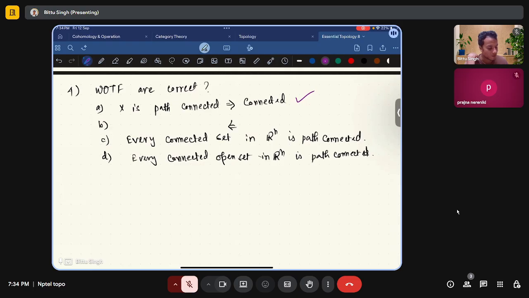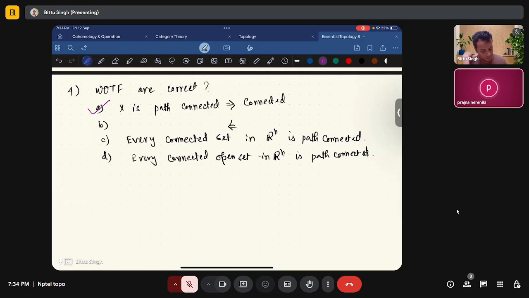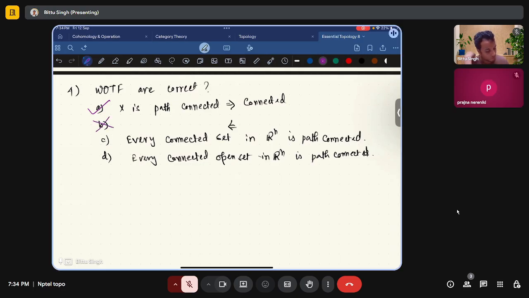Now what about the reverse implication? Connected implies path connected? Not necessarily. We have already given an example: the topologist's sine curve.